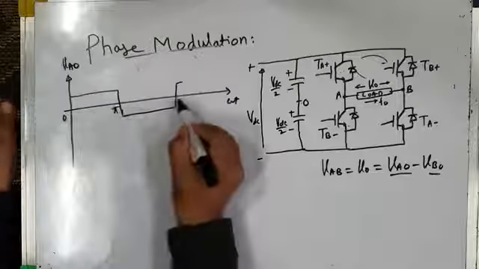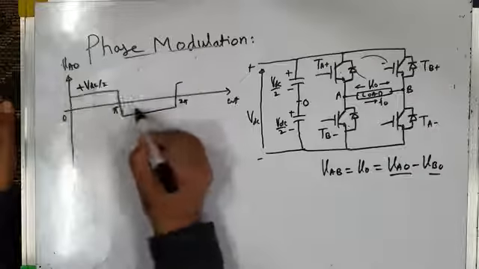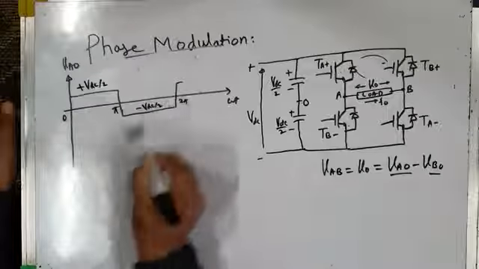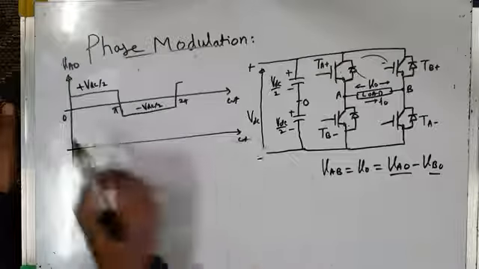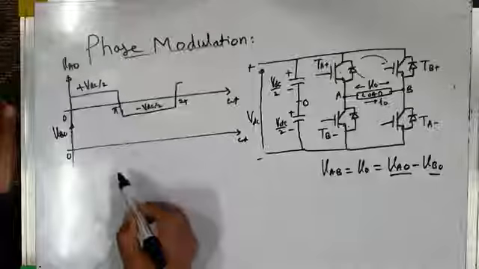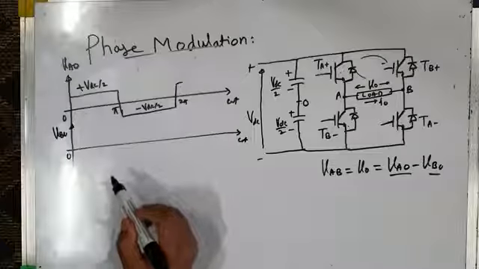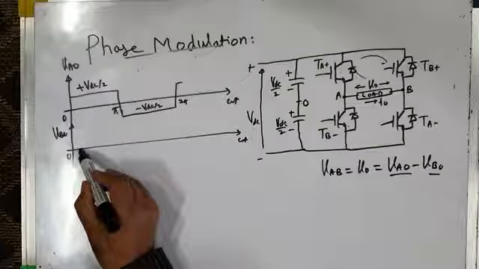This is pi, this is 2 pi, plus VDC by 2, minus VDC by 2. Pole voltage VAO, and this is my pole voltage VDO. My pole voltage, I can have my pole voltage like this.